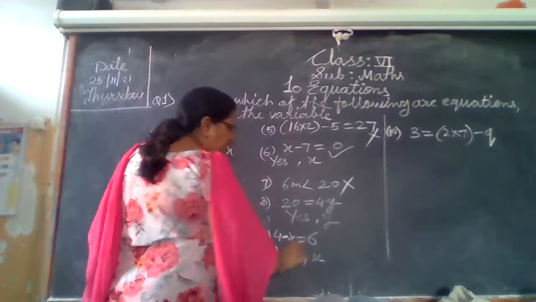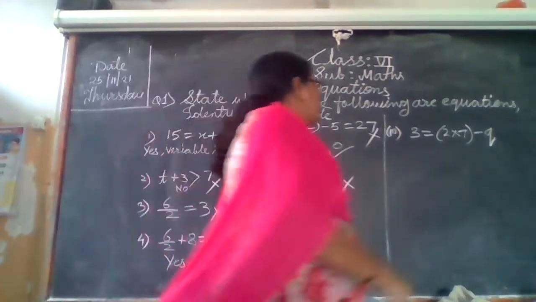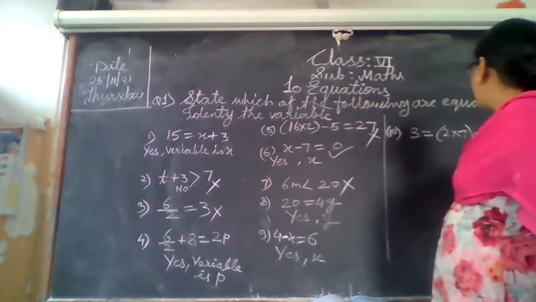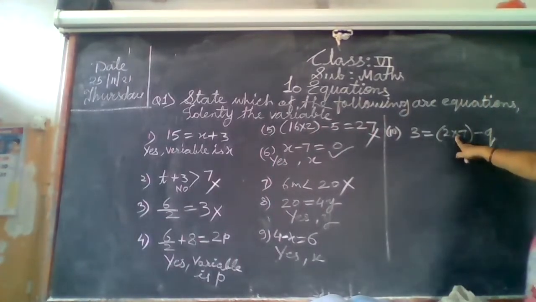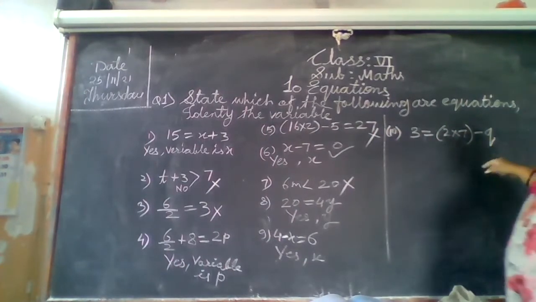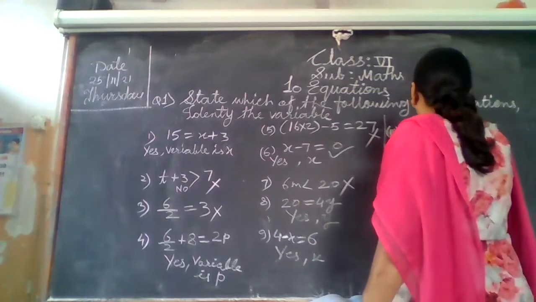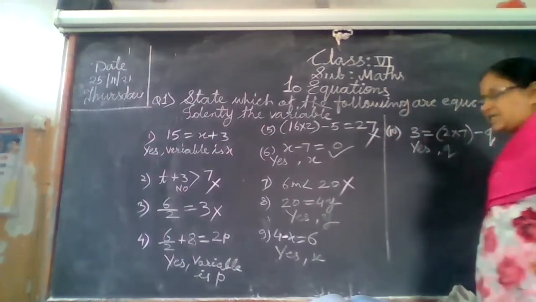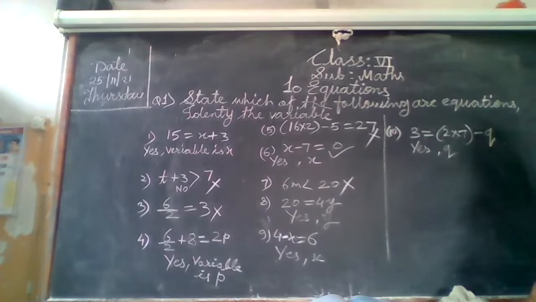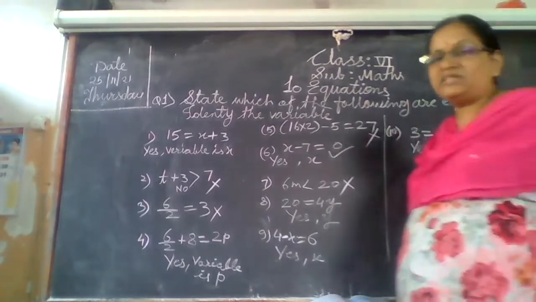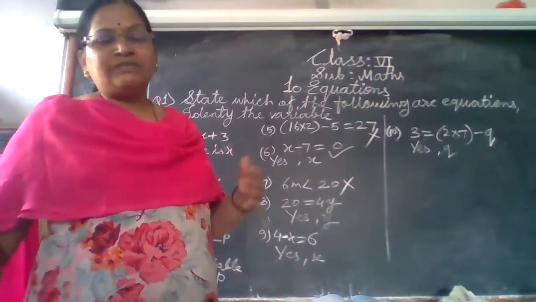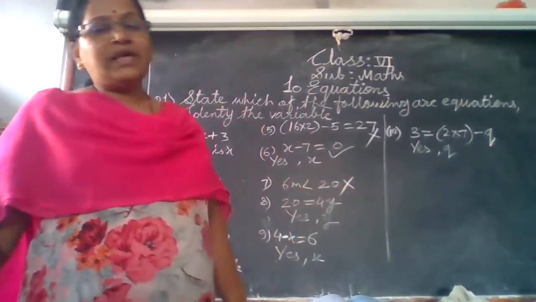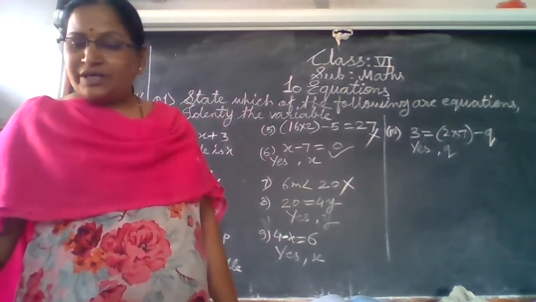And variable is x. 3 equals to 2 into 7 minus q. Minus and multiplication are the fundamental operations, equality is there, and also it is having the variable q. Yes. And the variable is q. Got it, children? So in this way, you can identify which one is the equation or which one is only an algebraic expression. Got it, beta?